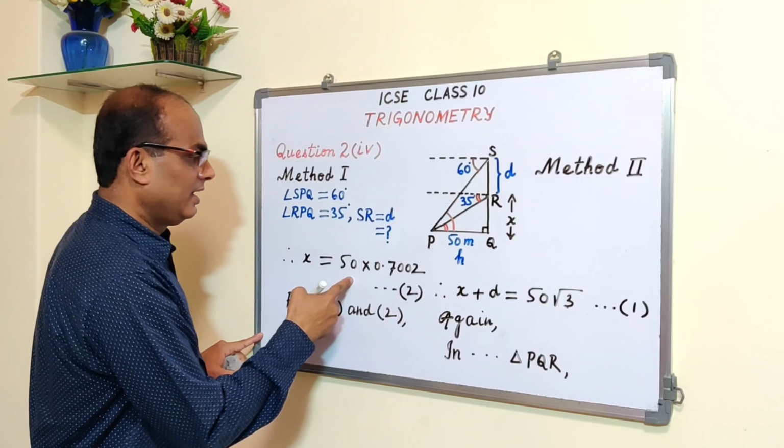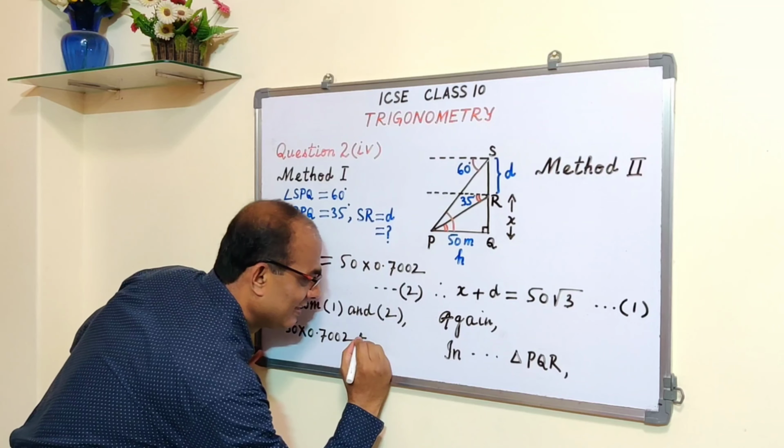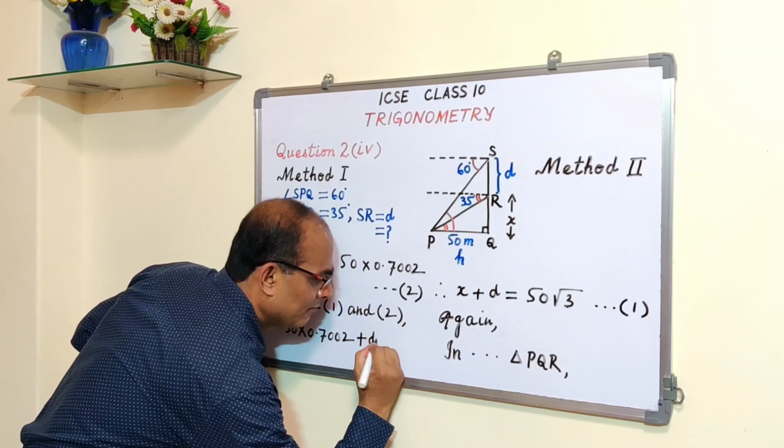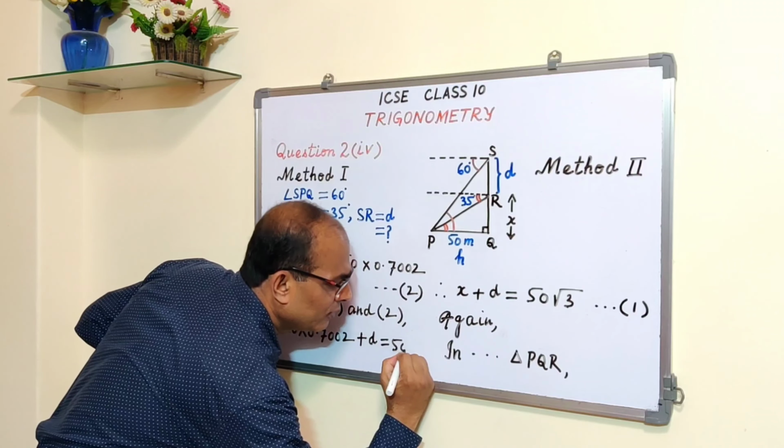So in place of x we write 50 multiplied by 0.7002. I'm not multiplying, I'm only substituting. So 50 multiplied by 0.7002 plus d is equal to 50 root 3.